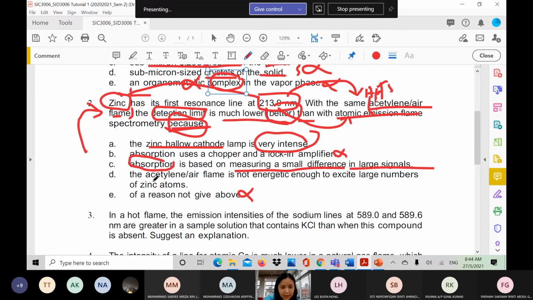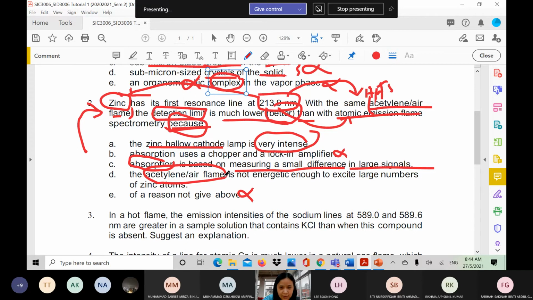How about D? This acetylene air flame is the atomizer, right? So both techniques, flame AAS and flame AES, use the same atomizer, which is the acetylene air flame. And we know that this acetylene air flame, what would it affect?